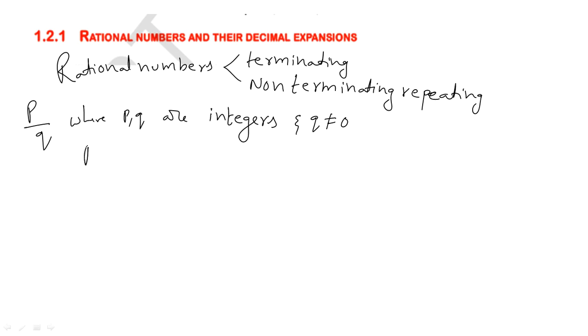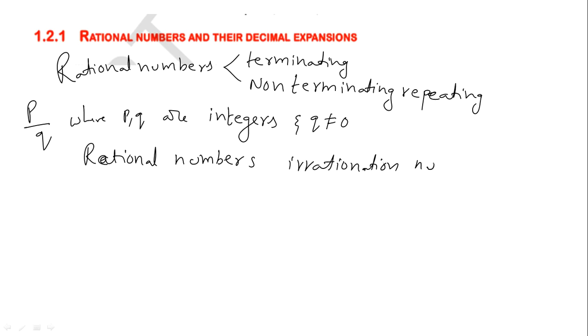And in real numbers, we have already studied that we have two types of numbers, that is rational numbers and irrational numbers. Rational numbers are represented with capital Q, whereas irrational numbers are represented with Q dash.